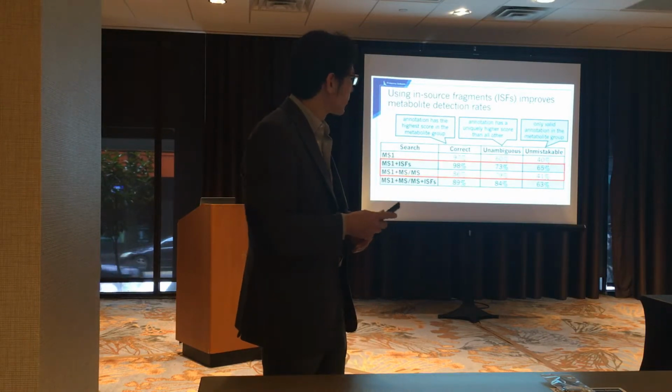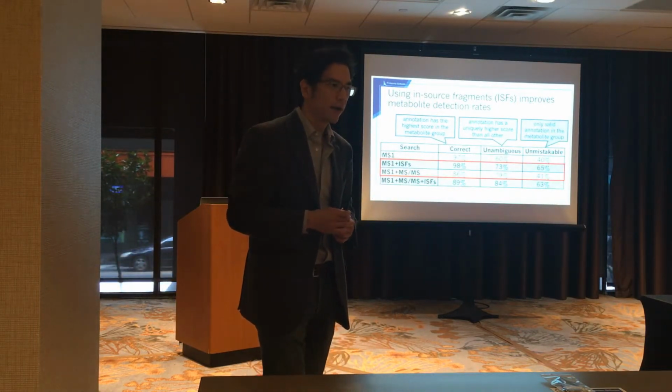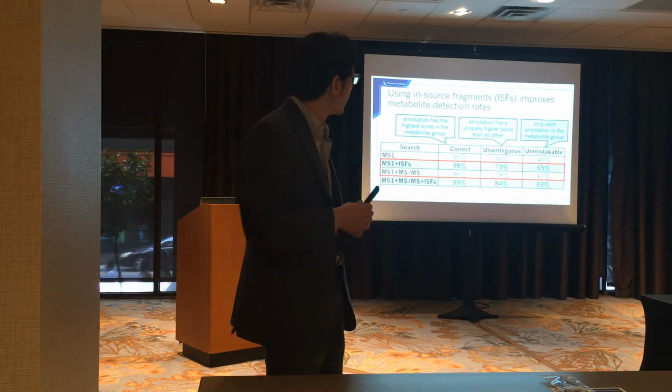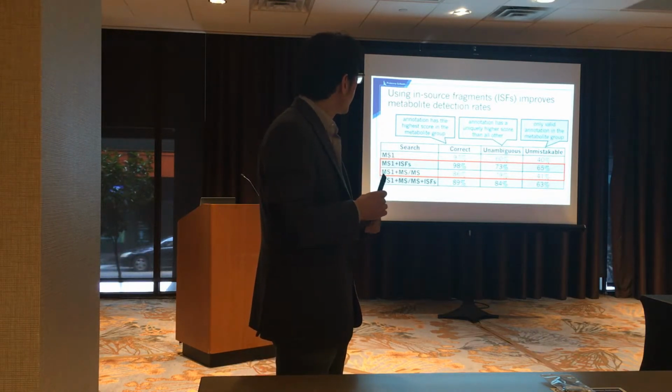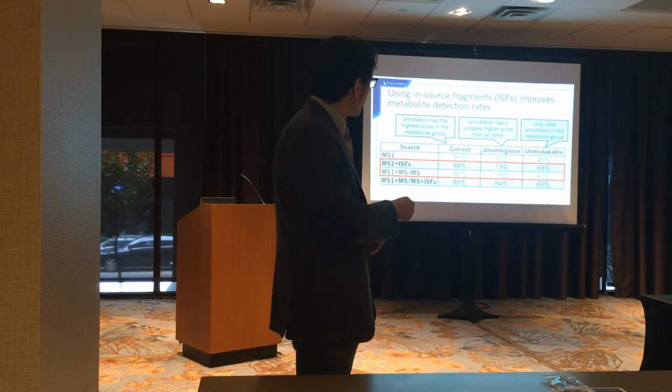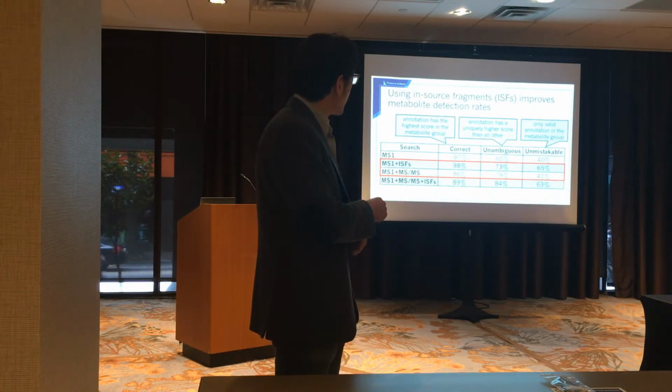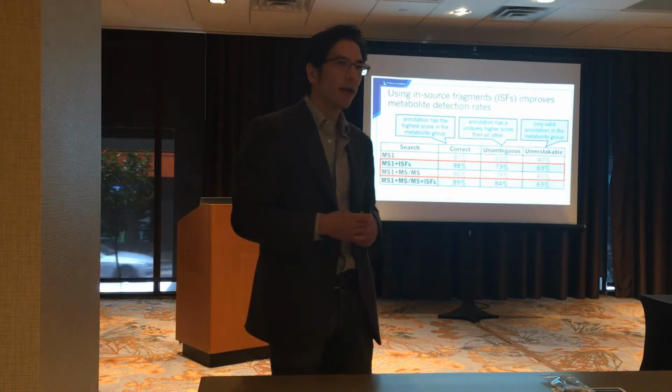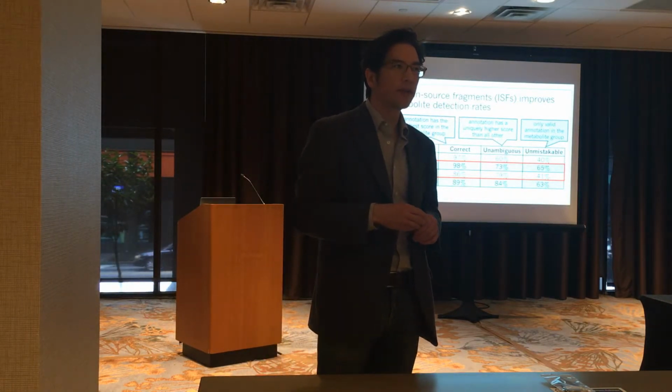But I think one of the things that was sort of shocking to us, that was brought up after a reviewer comment, was that if you look at some of these metrics, for the unmistakable and roughly for here, the in-source fragments do really well relative to the MS2s.